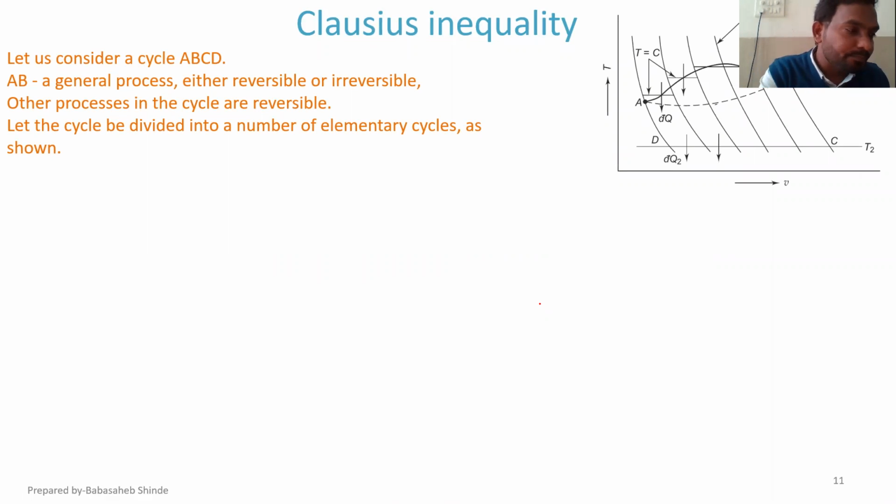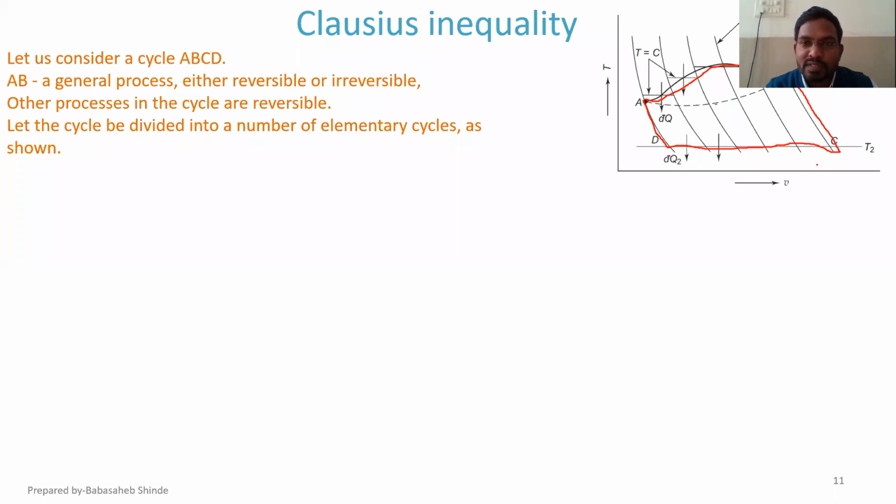Next one is Clausius inequality. Now, what is Clausius inequality? The derivation is based on the same theme. There is a TV diagram, and there are 4 stages in the process: AB, BC, CD, and DA.